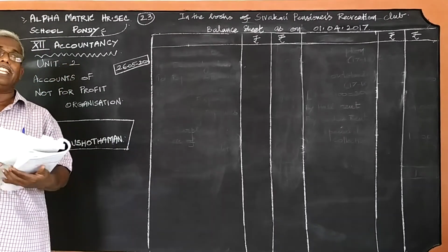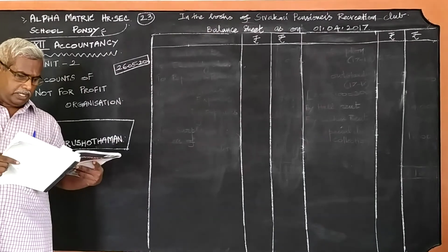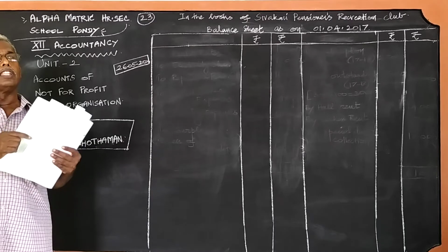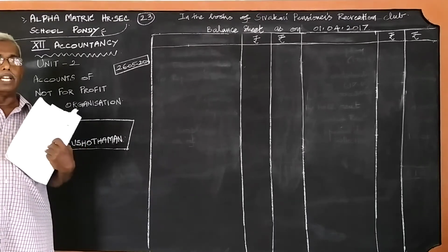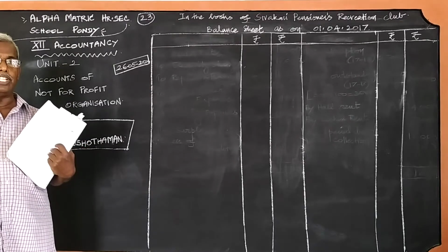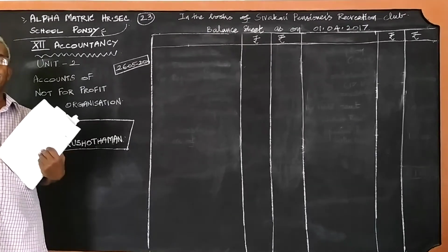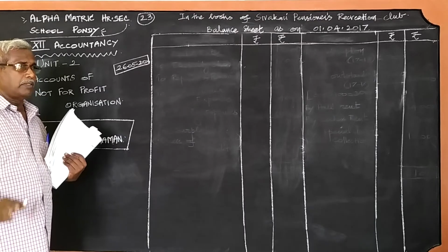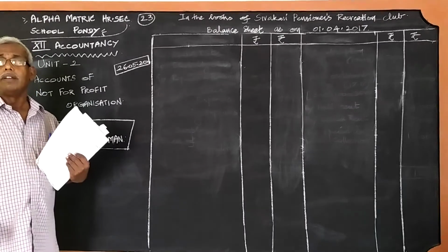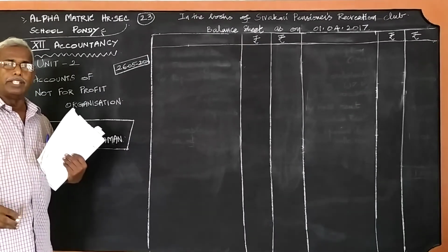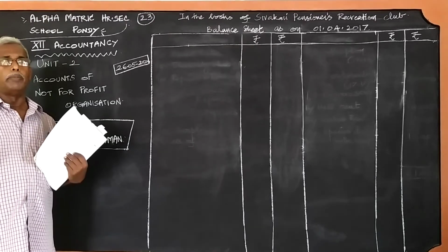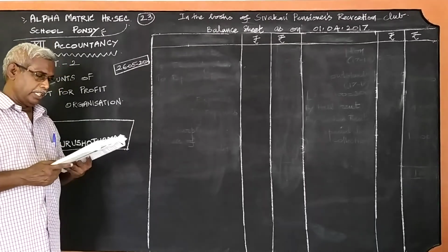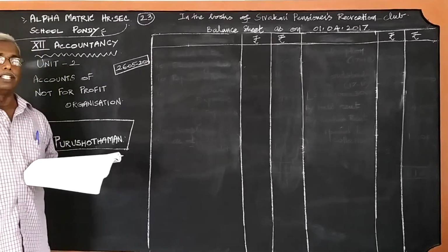Up to problem 22, almost in all the problems, when we are supposed to prepare a balance sheet, the opening capital is given. So, for the preparation of balance sheet, we require opening capital. But in this problem number 23, no opening capital is given.